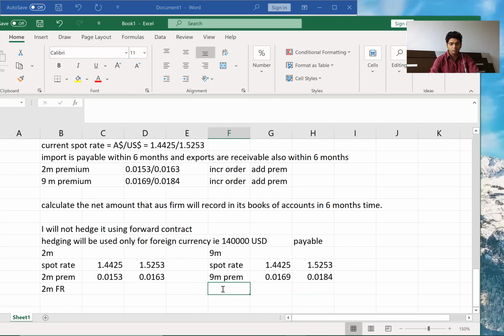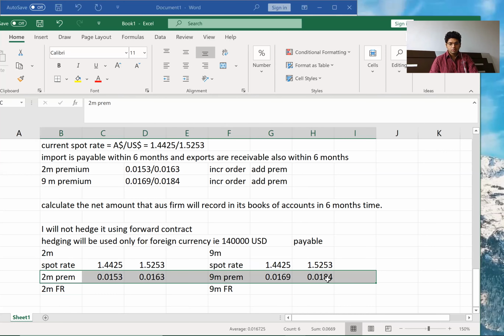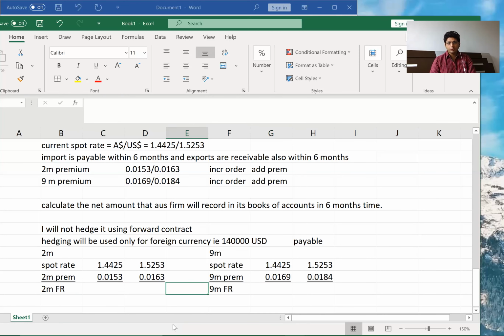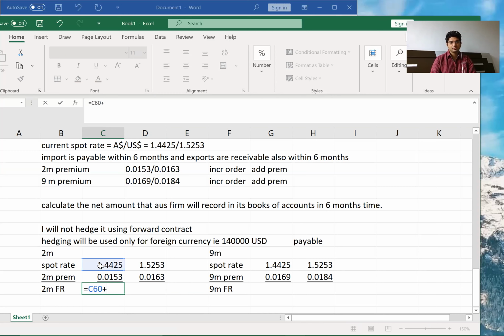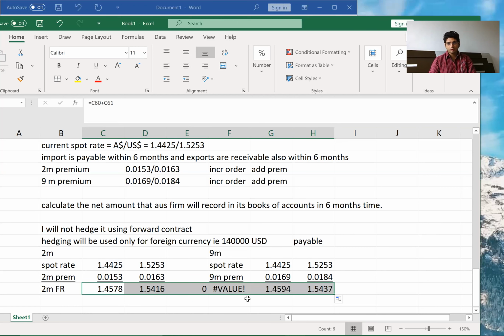So that will give me the 9-month forward rate. We are going to add the premiums, so that will be this amount plus this amount. This is a two-way quote, correct? So these are the amounts that I've got.